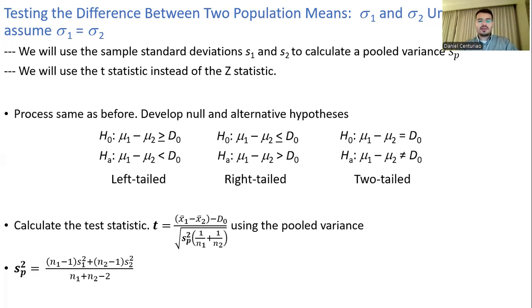But what I'm trying to say is that the t-test is most useful when we have small sample sizes. In general, the information in the exercise will help you detect whether you need to use the t-test or not. If you see in the exercise that the sample size is 5, or smaller than 30 units, you need to immediately think that you need to use the t-test instead of the z-test.